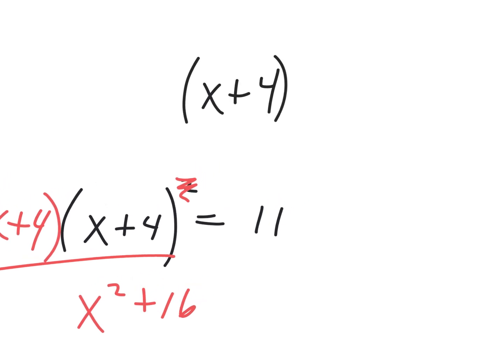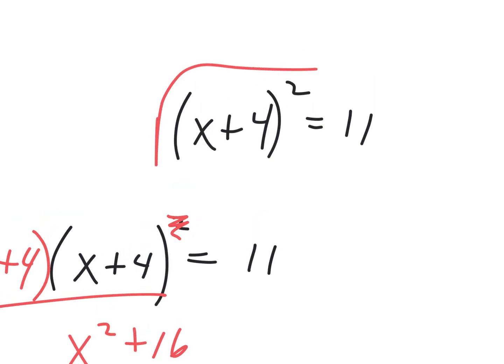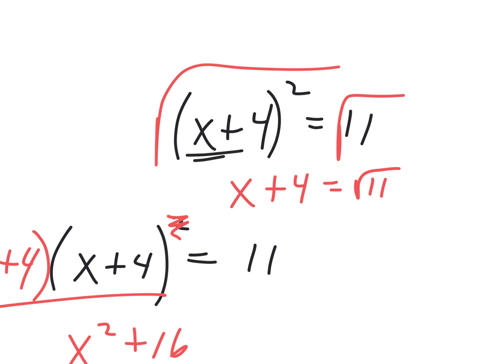x plus 4 quantity squared equals 11. You square root both sides. It gets rid of the squared. Boom, it's gone. Oh, it's only plus or minus. But here's a common mistake: oh, I just got to subtract 4, I'm done. Nope. When you square root a variable, listen, gentlemen, you need absolute value, which means you'll get 2 answers.